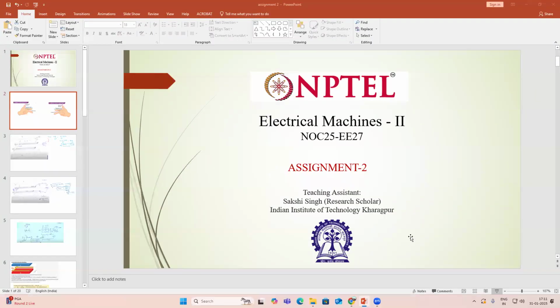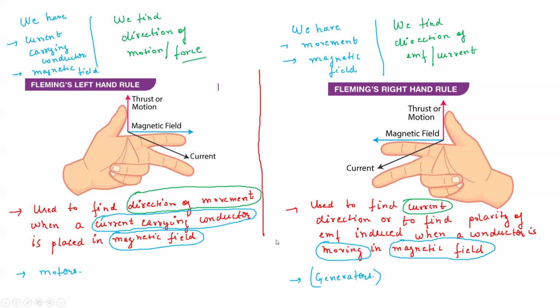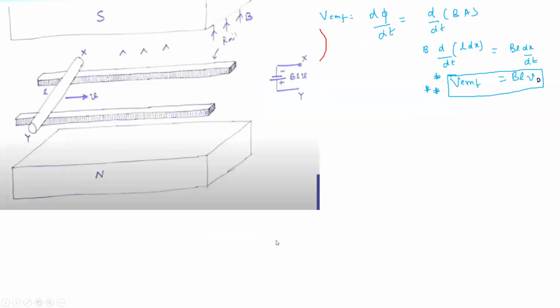So now let's go to the next slide. In the next slide, because in today's assignment there are some questions based on this structure, I'll be discussing what this structure is. So here there is a conductor. This is the picture taken from the professor's lectures.